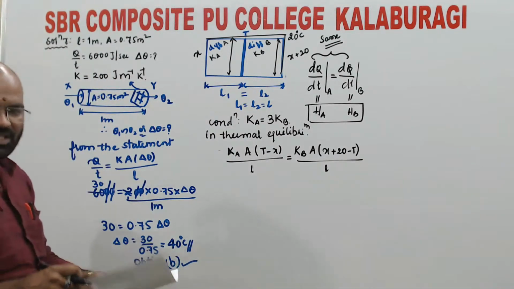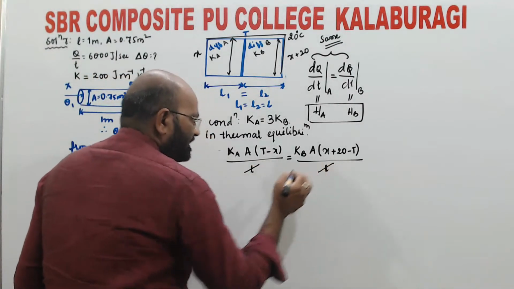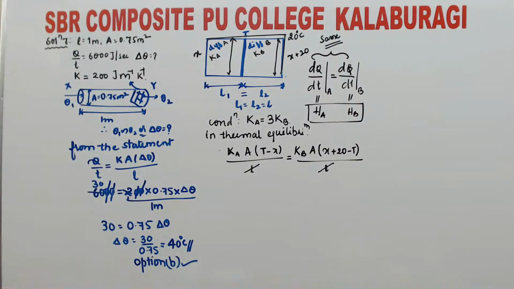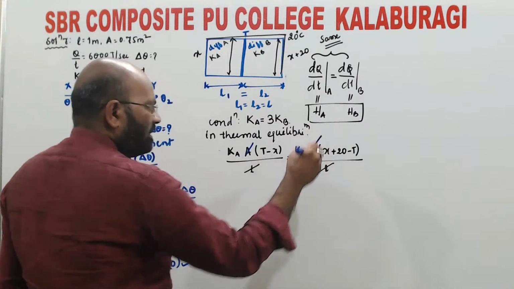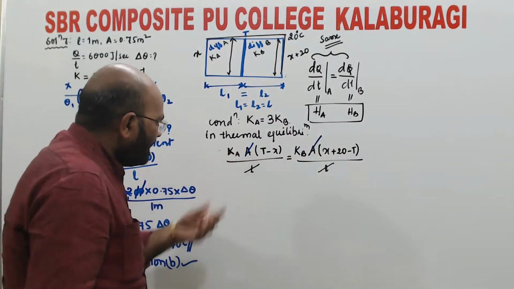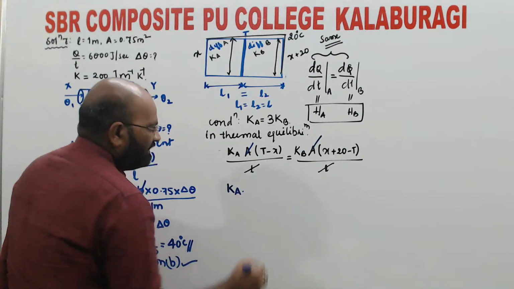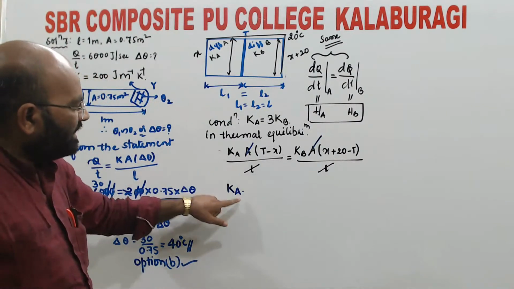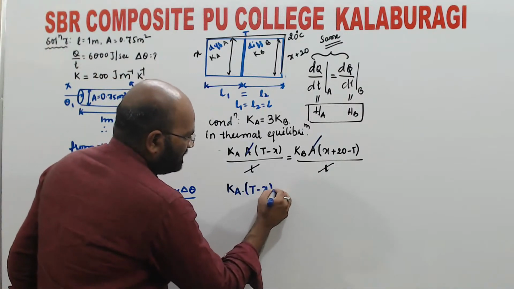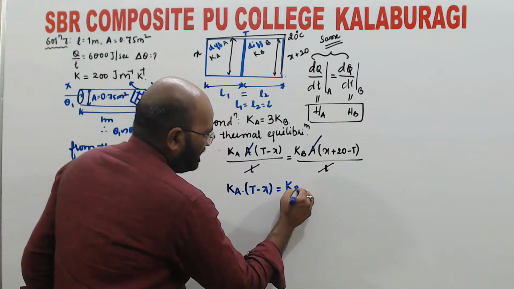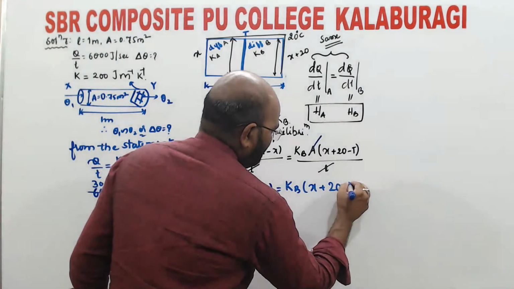Once you simplify, the length L cancels on both sides, and the cross-section area from the left-hand side and right-hand side also cancel. Keep Ka as it is, the coefficient of thermal conductivity of the first one. Then Ka into T minus X is equal to Kb into X plus 20 minus T.